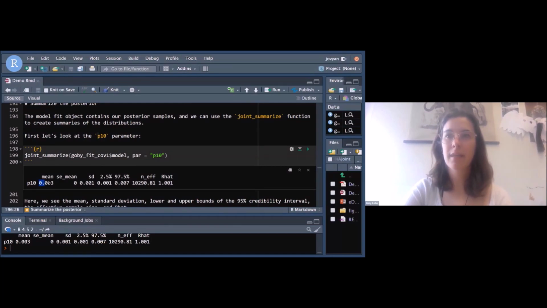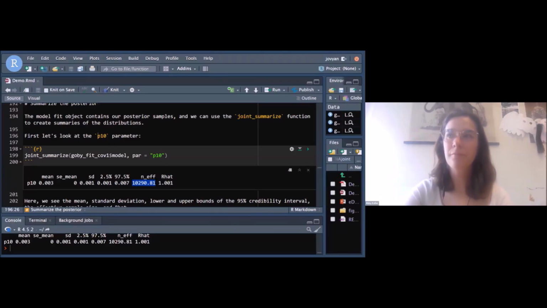And we see that the mean of the posterior is 0.003. So the mean probability of false positive is 0.003. We have our standard deviation of this posterior, the lower and upper bounds of the 95% credibility interval. We have the effective sample size. This is essentially the efficiency of the MCMC algorithm.